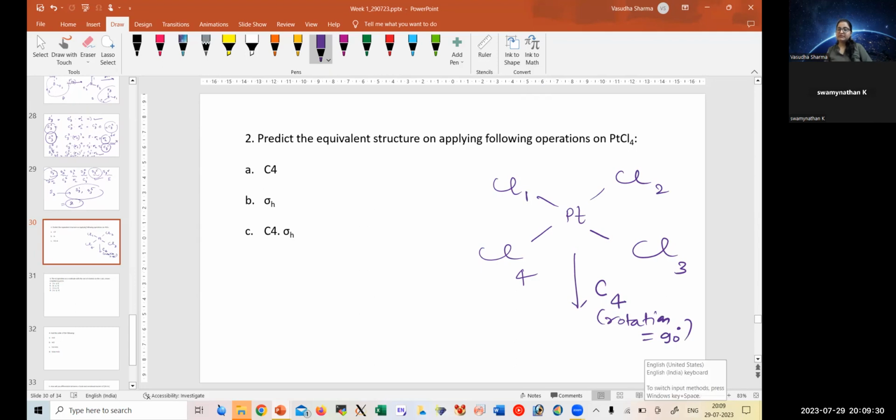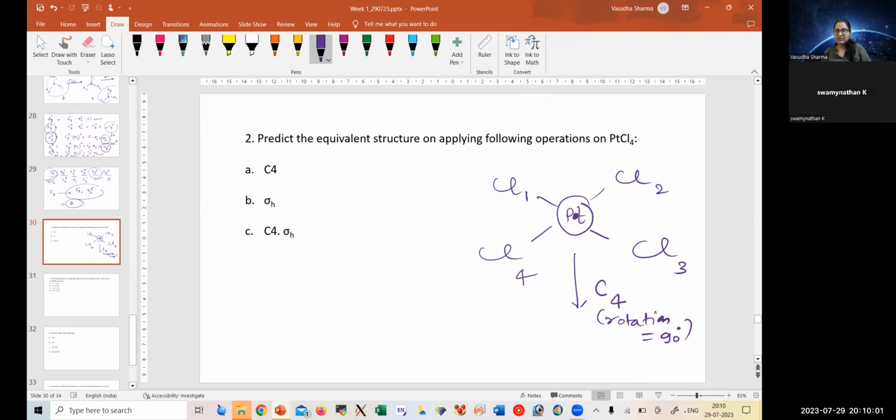But this C4 has to pass through platinum. For C4, there should be at least 4 atoms which are moving, then only we define it as a 4. So that C4 is going to pass through your platinum. That Z-axis is along your platinum, and you can consider a square where all the Cl are at the 4 vertices and your platinum is in the center, and your axis is like this.